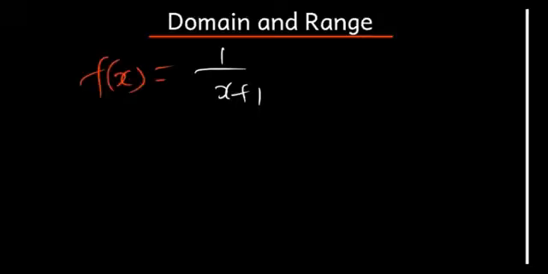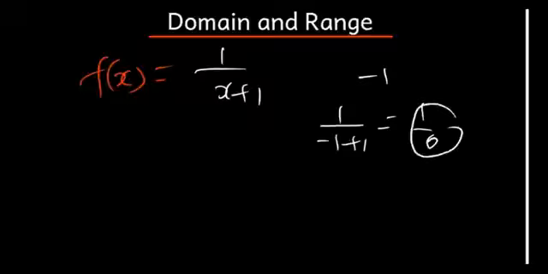On the denominator here, once we plug in, let's say, negative 1, this is going to be 1 over negative 1 plus 1, which is going to be 1 over 0. This is going to be undefined, but we are trying to make the function defined. So in this case the domain is not going to be all real numbers.